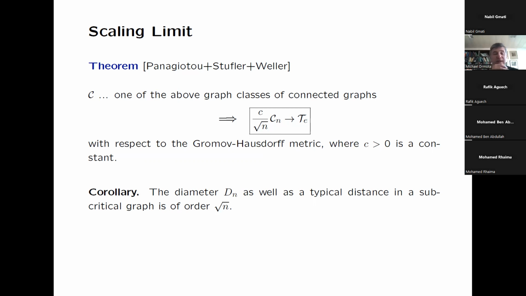This is a very nice result, but it's not really what I need, I just want to show you how these graphs look. They look tree-like from the distance. And one nice observation from this is that the typical distance that you can see in these graphs is of order square root n. This is true for trees, but also for series parallel graphs and the other graph classes.